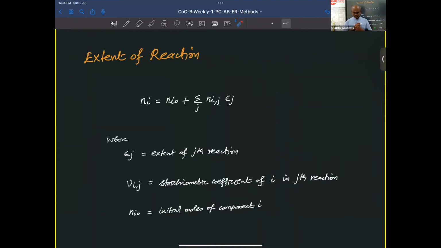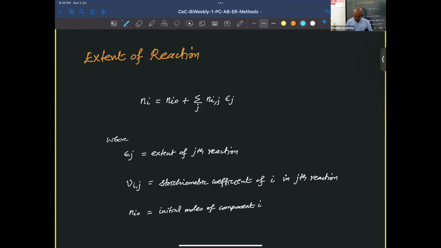And another nice approach, which we normally use for chemical reaction equilibria. This equation is directly available in the standard book on thermodynamics, namely Smith and Van Ness. The moles of a component for any extent of reaction, Ni, is equal to the initial moles plus the stoichiometric coefficient multiplied by the extent of reaction. Actually, this is a slight mistake.